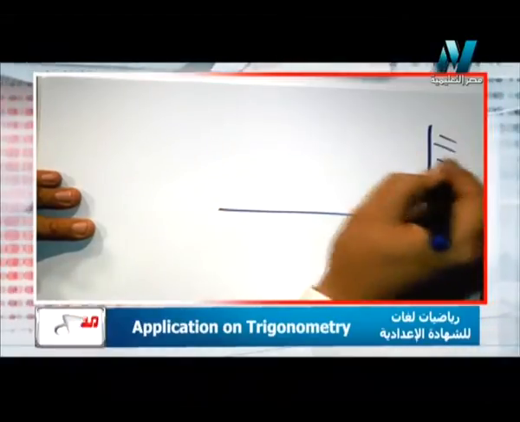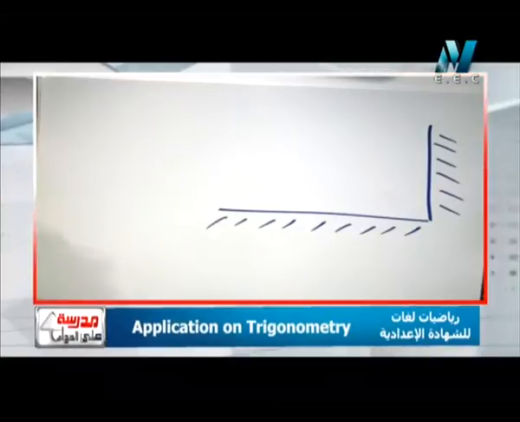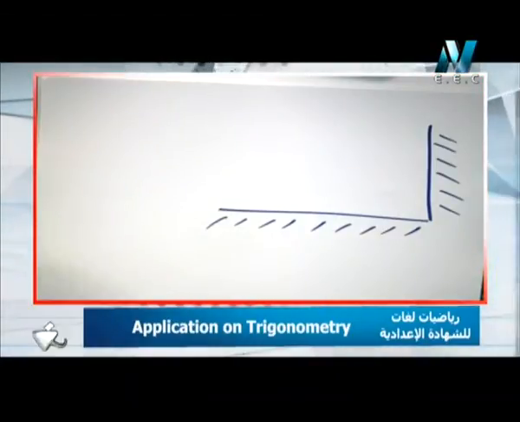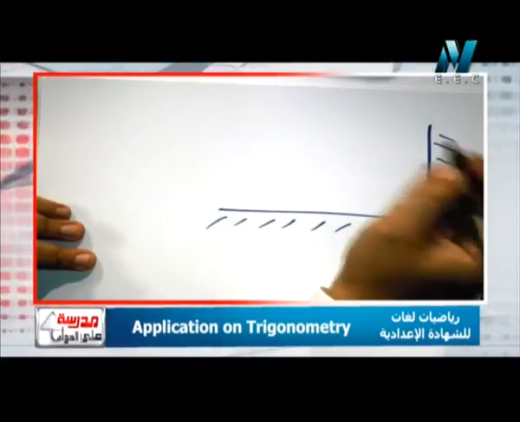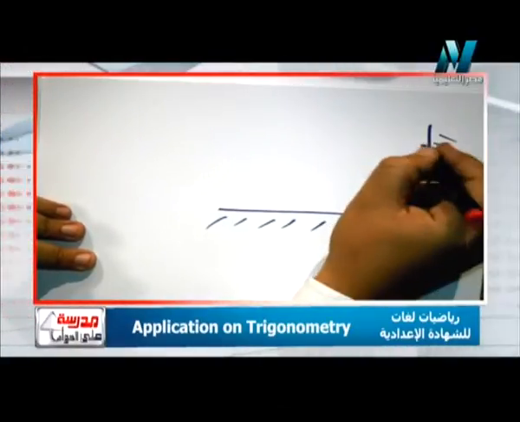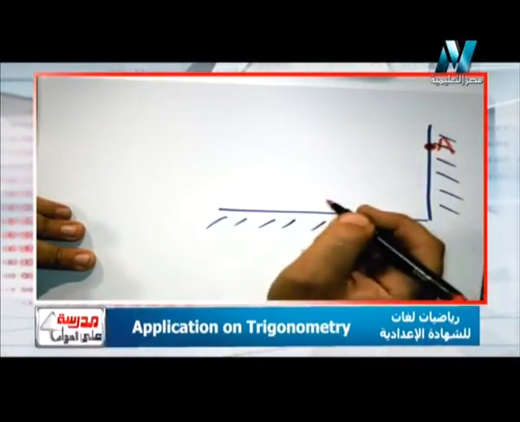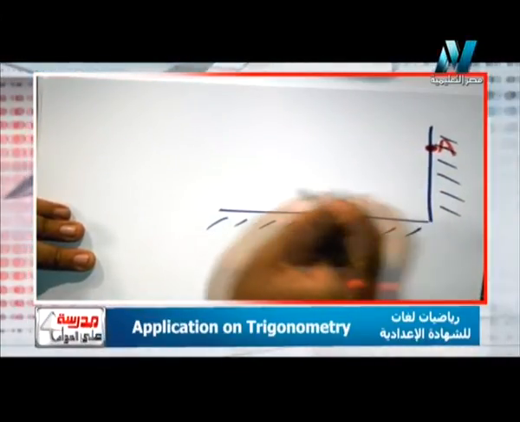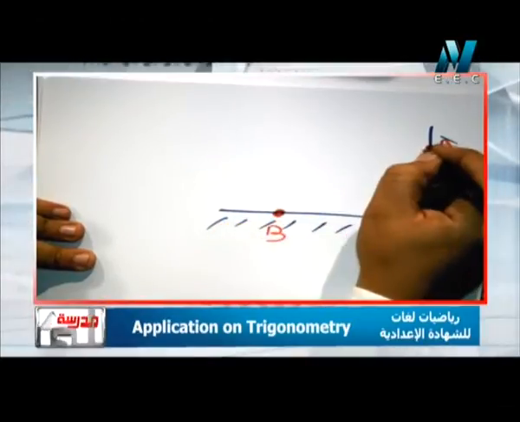This is a wall and this is a horizontal floor. And we have a ladder whose upper edge A lies on the vertical wall. So this is, for example, point A, and the other edge, B, on the horizontal floor. And this is B. So this is the ladder.